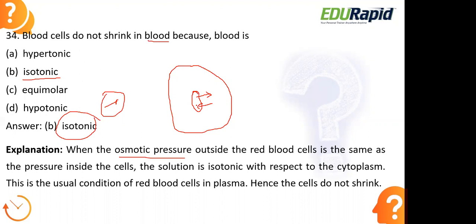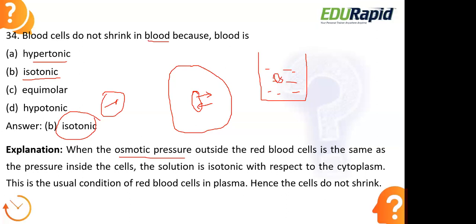But what happens if it was hypertonic? If we place blood cells in a hypertonic solution, what actually will happen? A hypertonic solution is a condition where there will be higher solute concentration outside the cell, that is, in the solution that we have taken. For example, if we take a beaker full of hypertonic solution, the solute particles will be more in this water. If you place a blood cell here, what will happen?